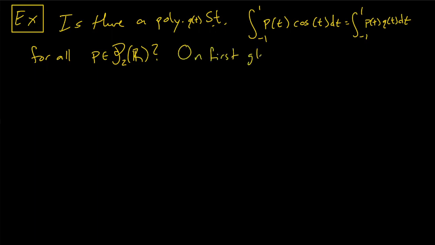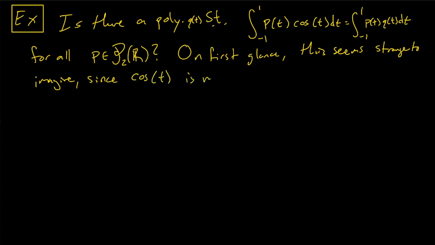On first glance, this seems strange to imagine, since cosine of t is not a polynomial. Nonetheless, there is.